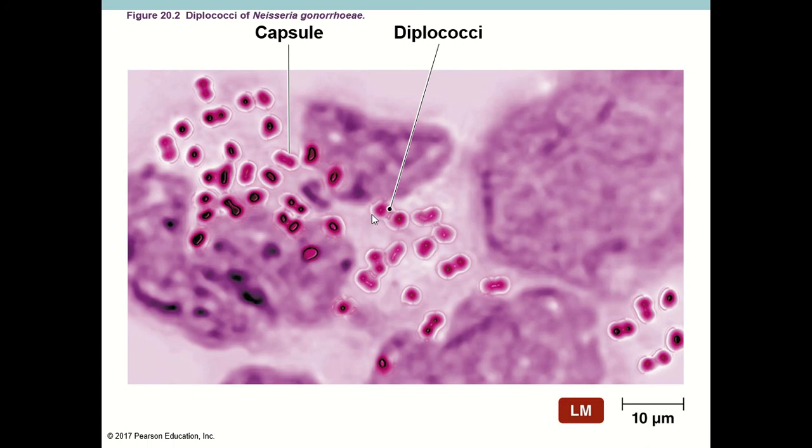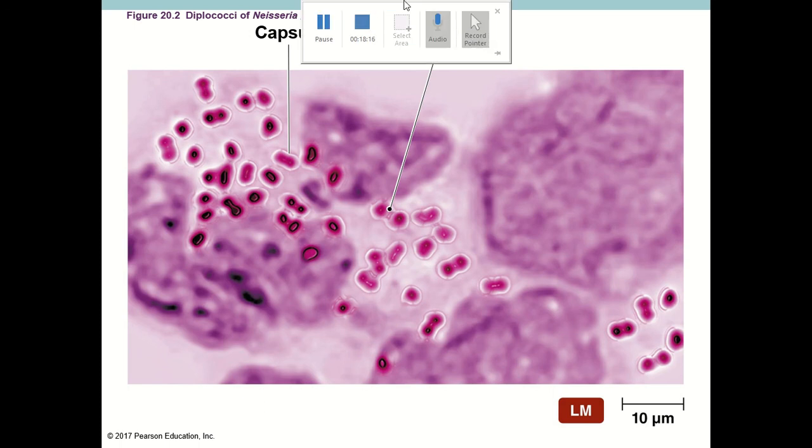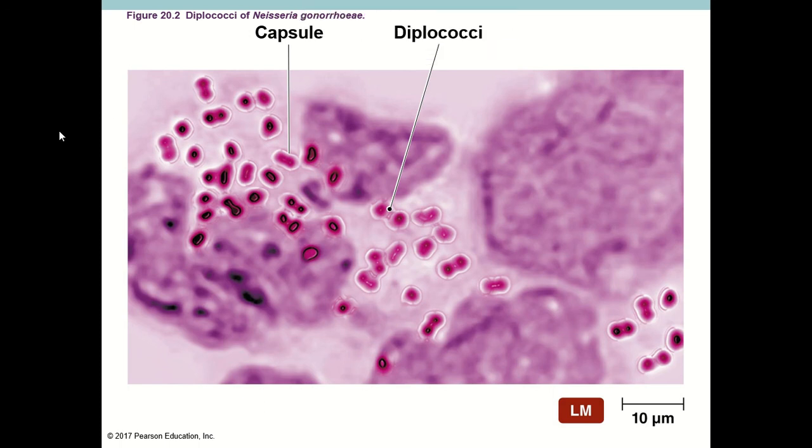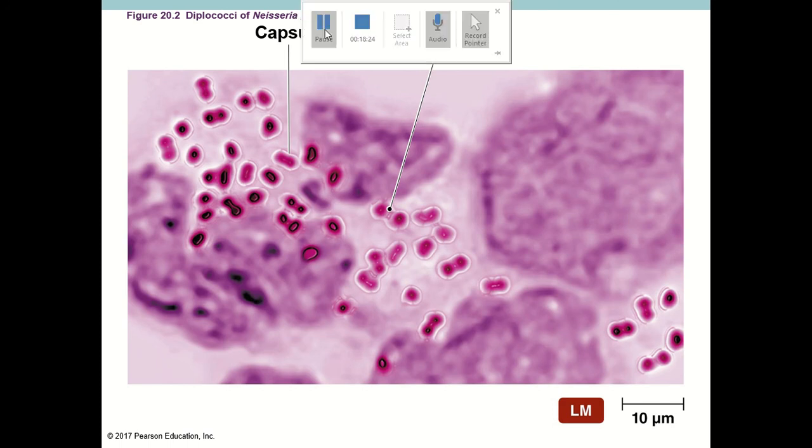So there's two species of importance to us, again, one of which I'm showing you right now, Neisseria gonorrhea, and the other one is Neisseria meningitidis, which causes the disease bacterial meningitis.